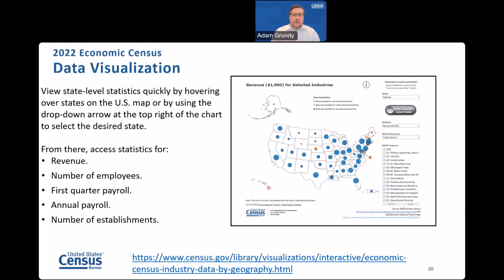The size of the circle corresponds to how big the statistic is. So for example, if we have one state that's the largest for revenue for a particular industry, that would have the largest circle after you do the different data displays and filters for that.